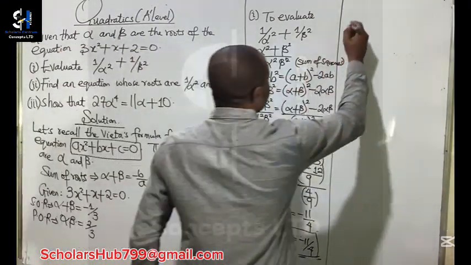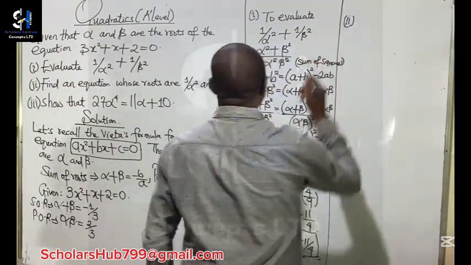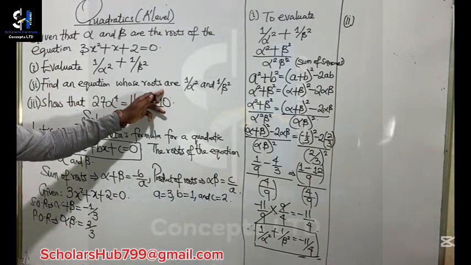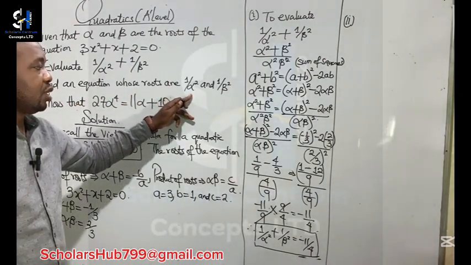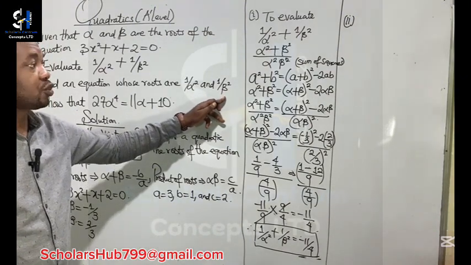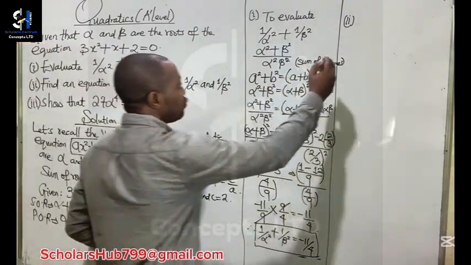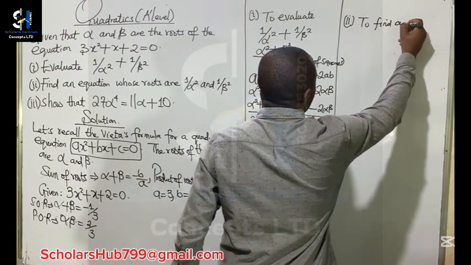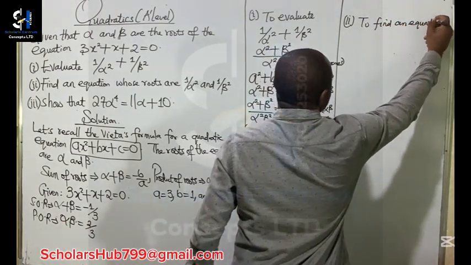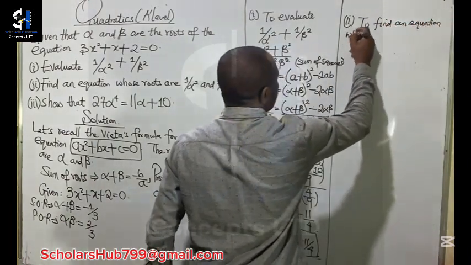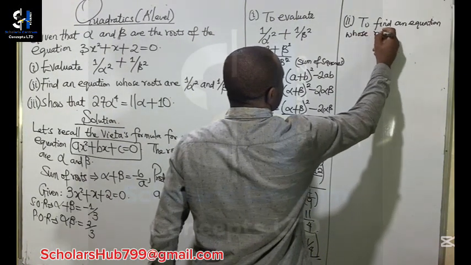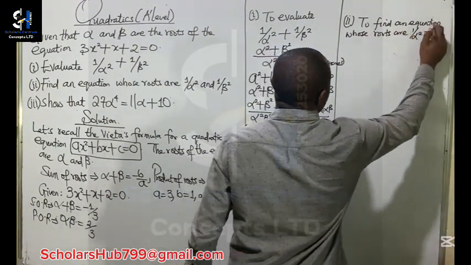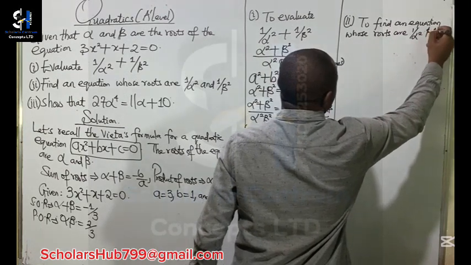Okay, so for Roman numeral 2, we want to find an equation whose roots are 1 over alpha square and 1 over beta square. To find an equation whose roots are 1 over alpha square and then 1 over beta square.